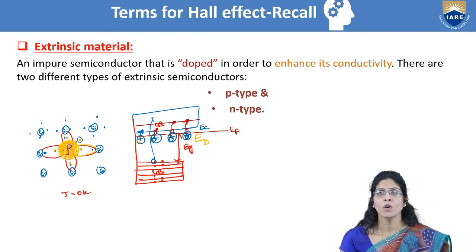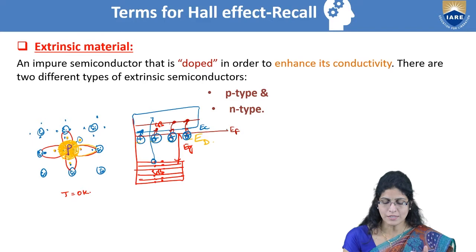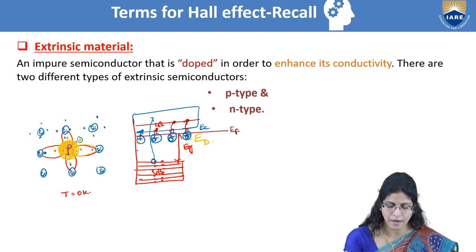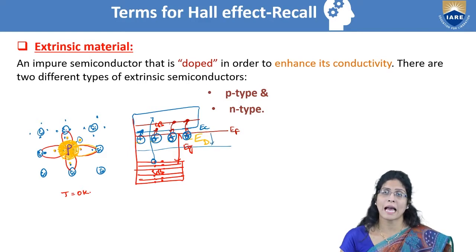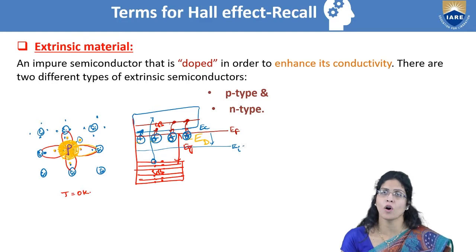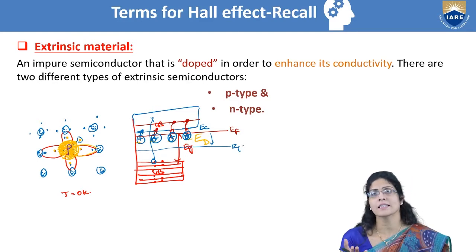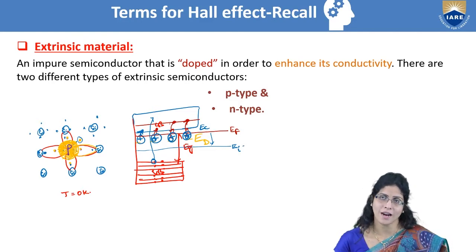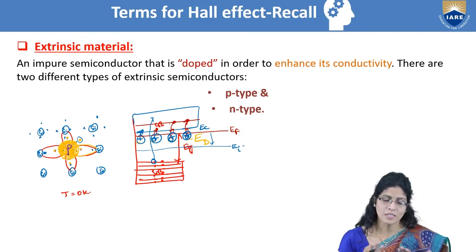This Fermi level will start shifting down, as the transitions are happening towards the intrinsic Fermi level. Intrinsic Fermi level means the Fermi level of the intrinsic semiconductor, that is the host lattice, silicon. So it will slowly start shifting down. This is what we have learned in our previous lectures.